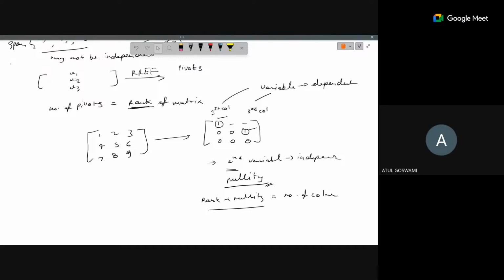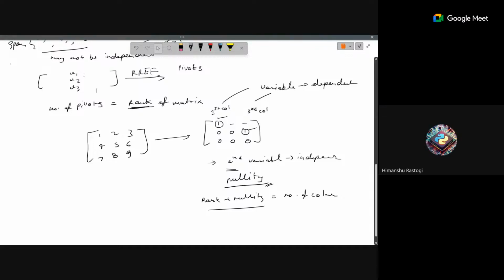It will be 2, right? Because one is an independent variable, and the other two are dependent, so we can take one from there.